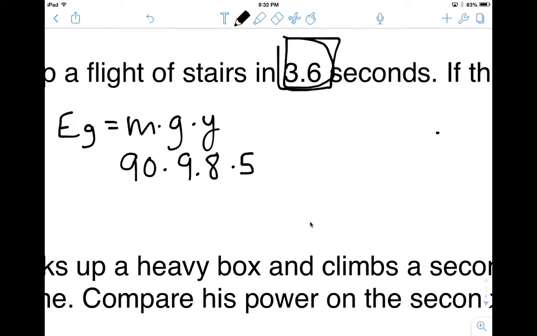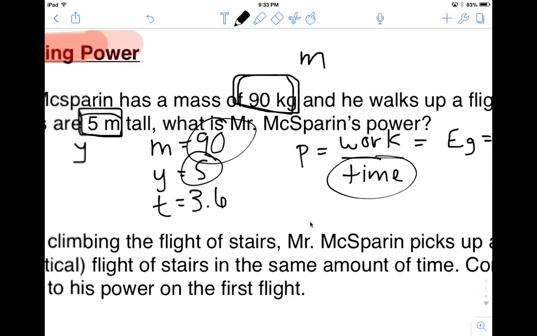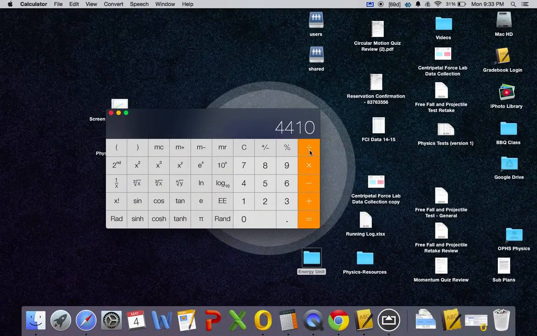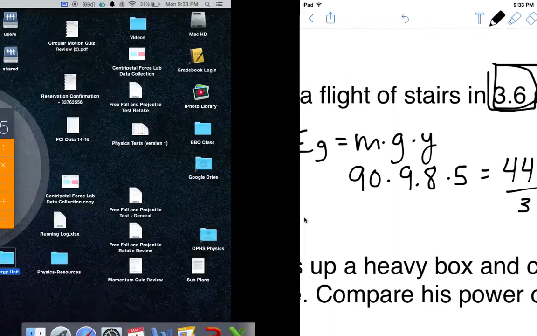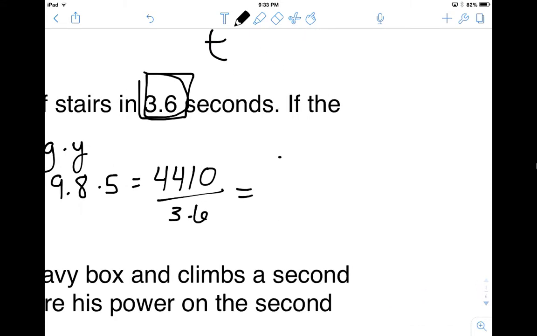Okay, so I've got 4410, and now I'm going to divide that by time. Remember, I have to divide by time, and I said that my time is 3.6 seconds. So 4410 divided by 3.6 is going to be 1225.